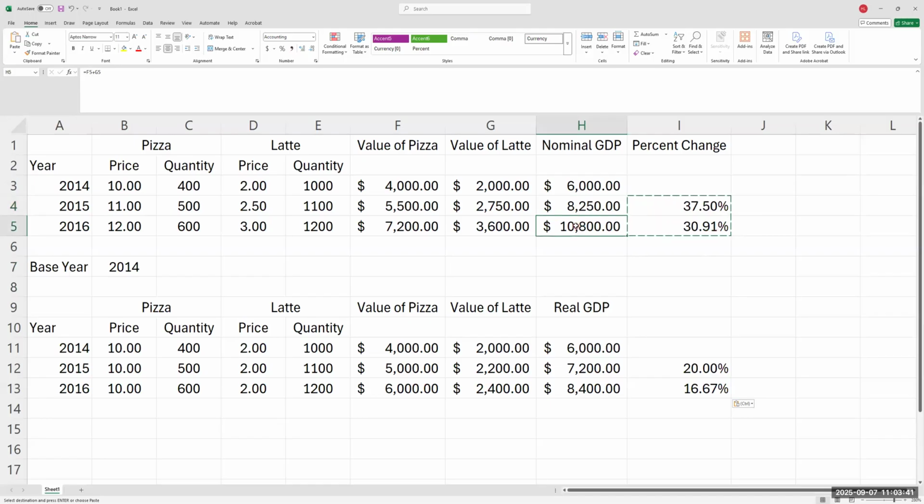But if we control for the fact that some of that increase in GDP was due to price increases, and we shut that down, then you could see the true increase of just the quantity or the output is 20% and 16.67%.